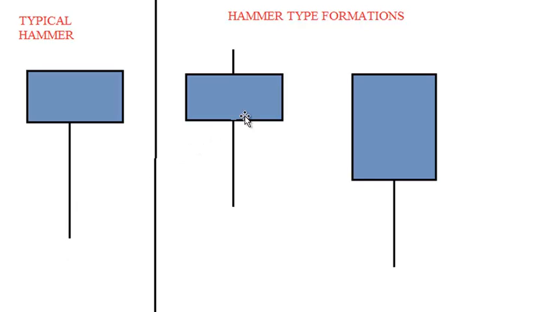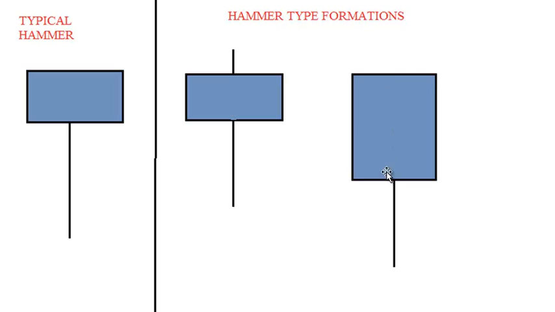This one on the right-hand side is a hammer type formation. This one is also a hammer type formation. In this there is a little bit of a wick coming into play, and the length of the tail is slightly lower than 2H or 2.5H. In fact, it will be lower than 2H, which is significant over here.